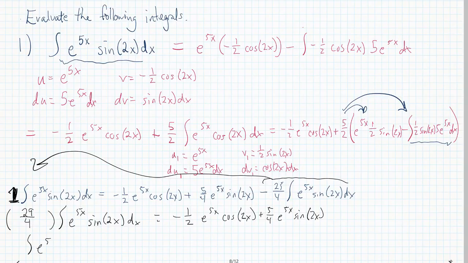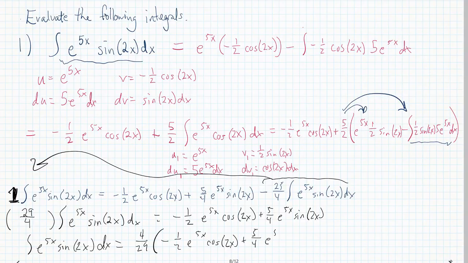We're left with the integral of e to the 5x sine of 2x dx equals, multiplying by the reciprocal, 4 over 29, and then times all this stuff, negative 1/2 e to the 5x cosine of 2x plus 5/4 e to the 5x sine of 2x. And you can simplify that some more, and we'll toss in a plus c.